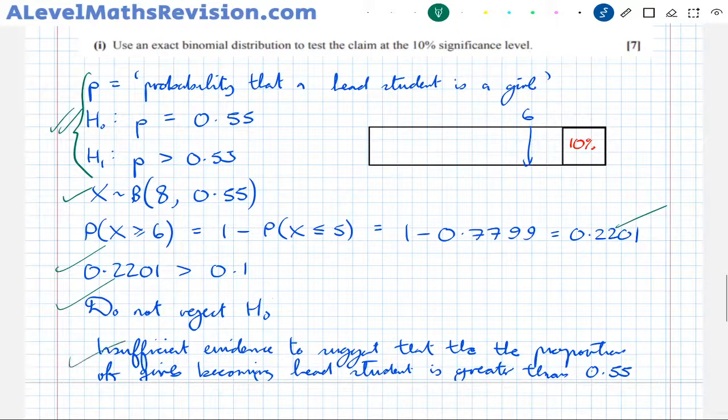And that's worth a mark. 7 marks altogether.